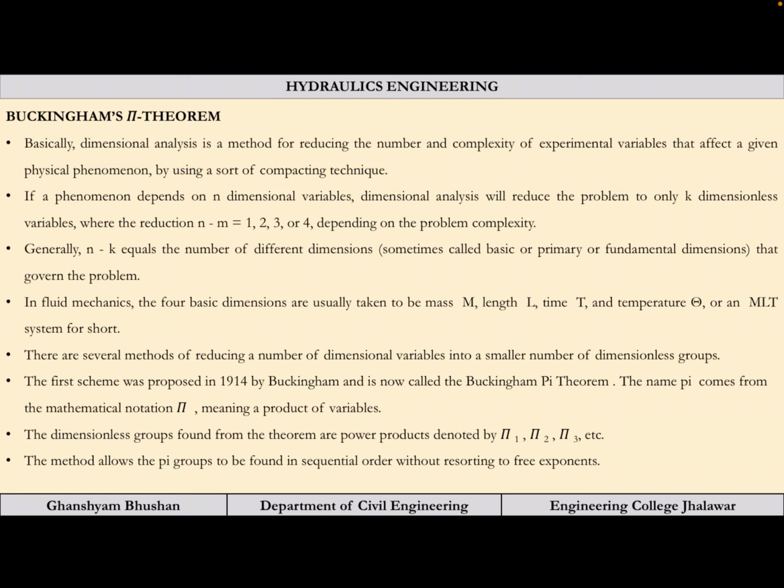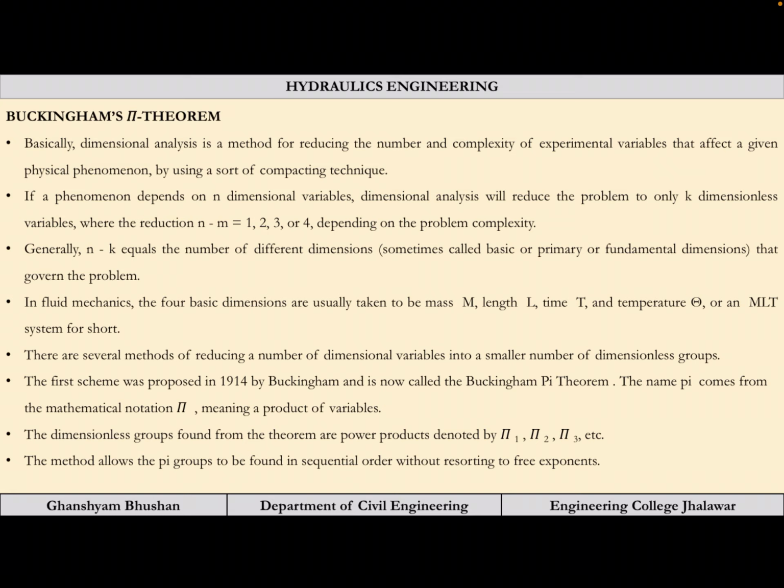In the lab we do some experiments and figure out the parameters on which a physical quantity depends. How we reduce and correlate all these quantities is a method called dimensional analysis.